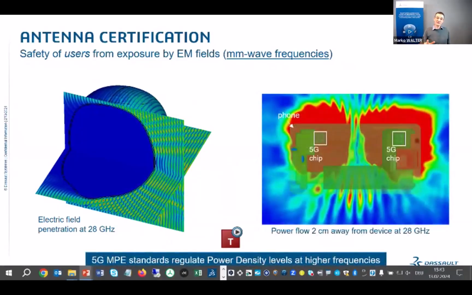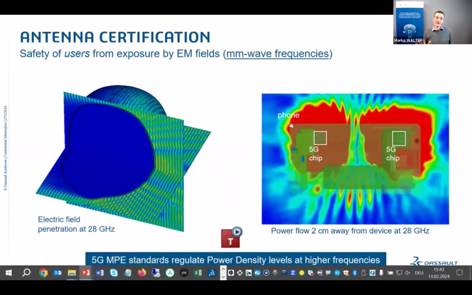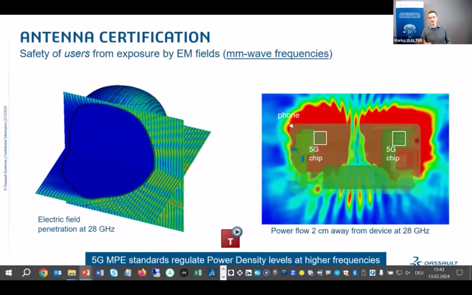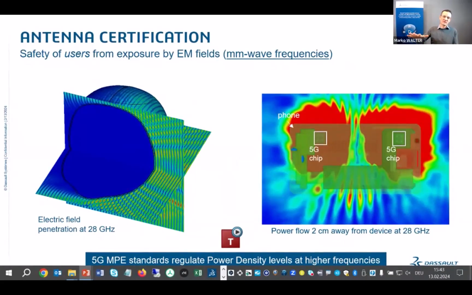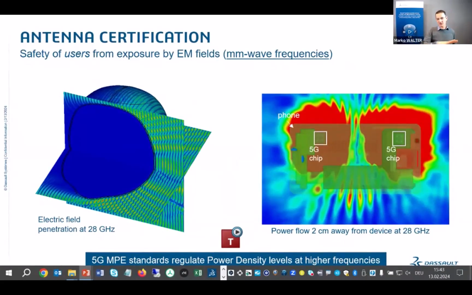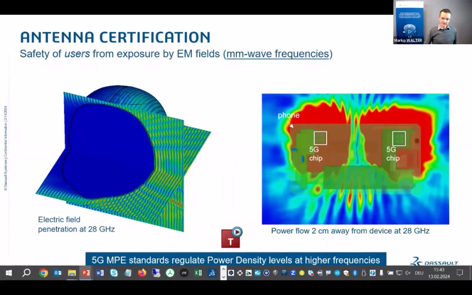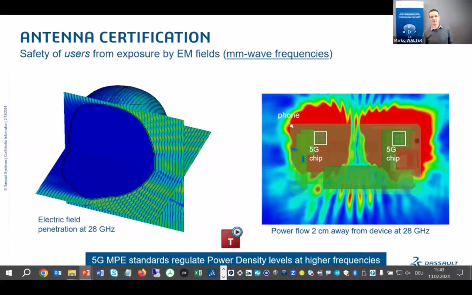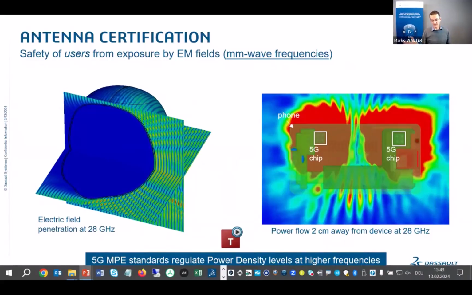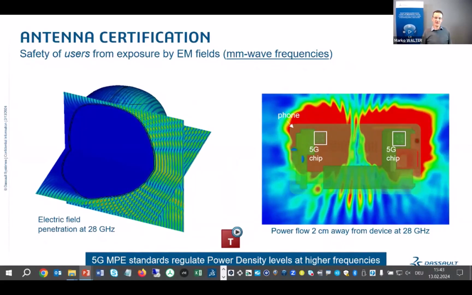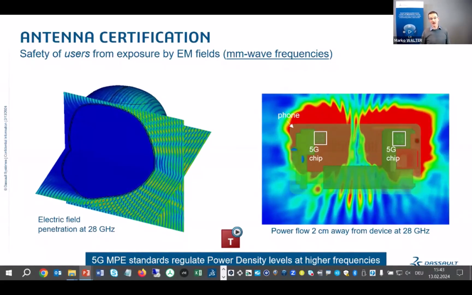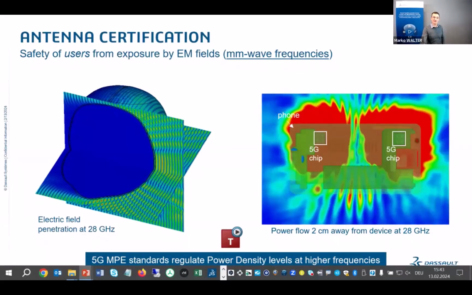But for this reason, for example at millimeter wave 5G, we have to evaluate the field on a plane a certain distance from the phone. So for example, 2 centimeters from the phone on a surface, what is the maximum field? Now, these standards are obviously still in development, and they will continue to develop as new operating frequencies are supported. And we, as an organization, are actively participating in the development of those standards.